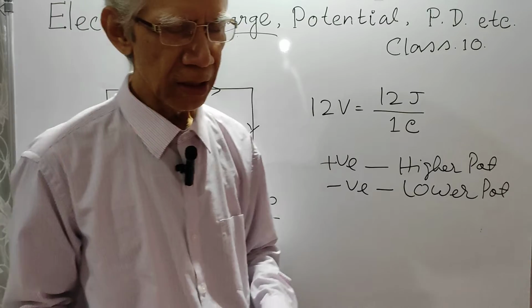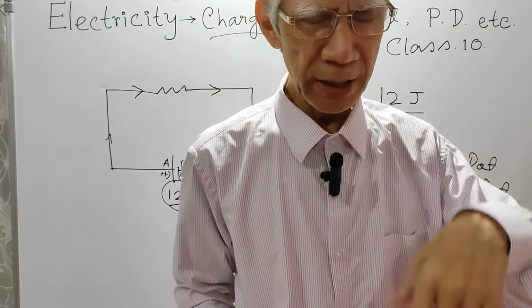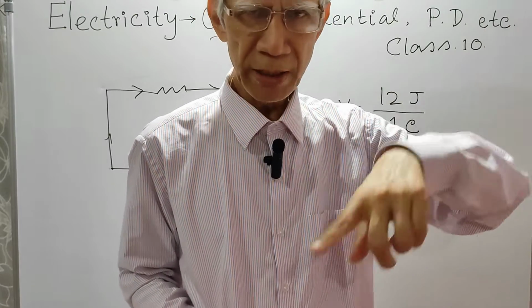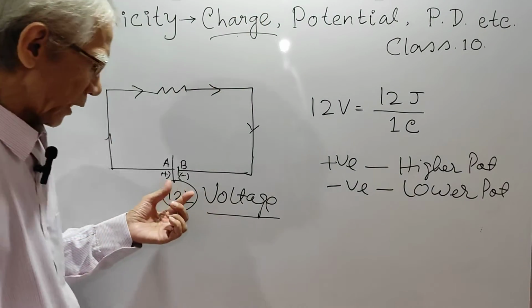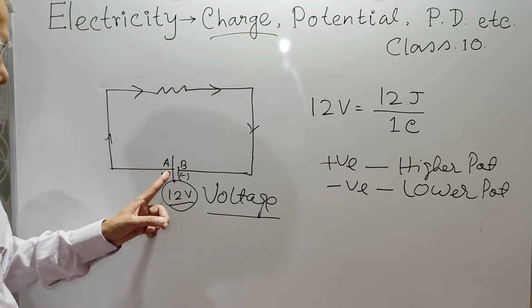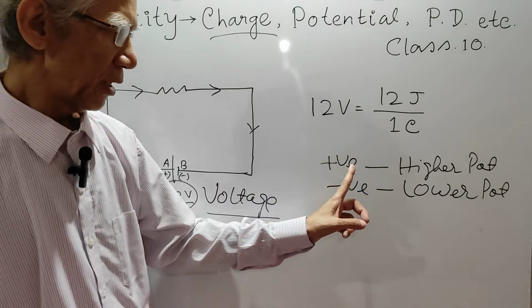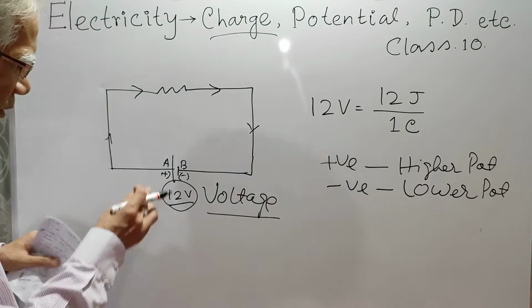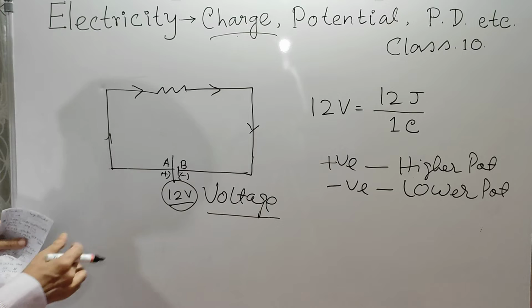Just like heat energy always flows from higher temperature to lower temperature, electric current or charges flow from higher potential to lower potential. Higher potential means positive terminal, lower potential means negative terminal. So this is how charges are flowing.